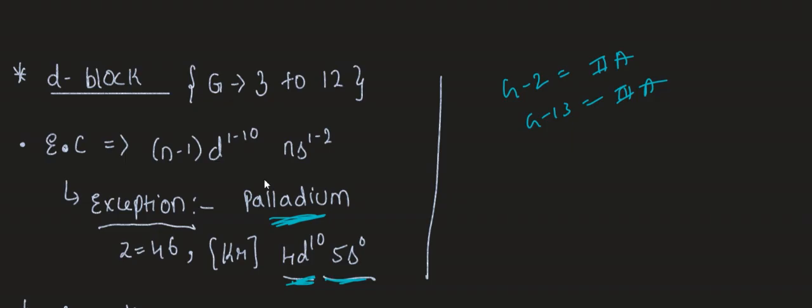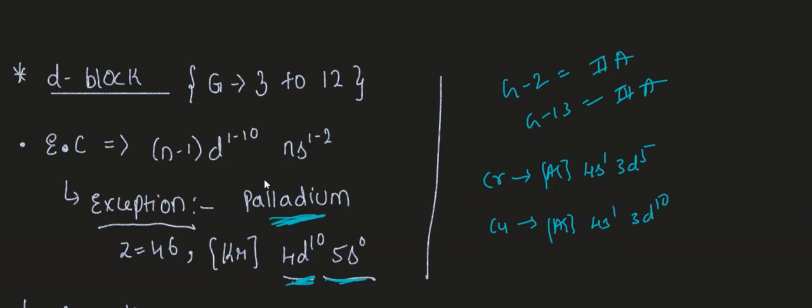Now few students will say, ma'am, we have learned that chromium is an exception. Even if people studied that copper is an exception, then why are you not writing copper and chromium here? See, chromium electronic configuration is argon 4s1 3d5, right? Copper is argon 4s1 3d10.